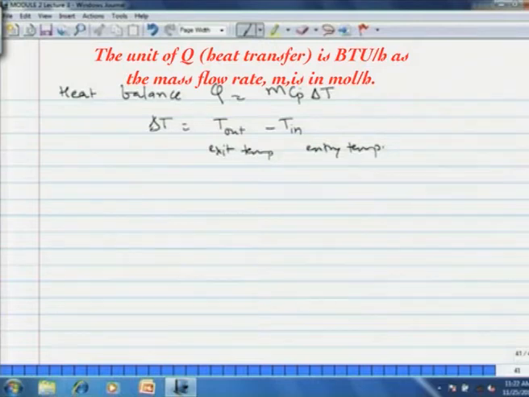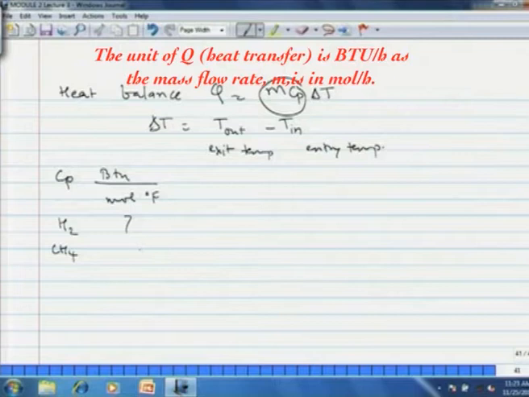Now, in order to calculate m Cp, we need to know the molar flow rates, which I have already listed, and the molar heat capacities of various components in BTU per mole per degrees Fahrenheit: hydrogen 7, methane 10.1 and toluene 48.7.